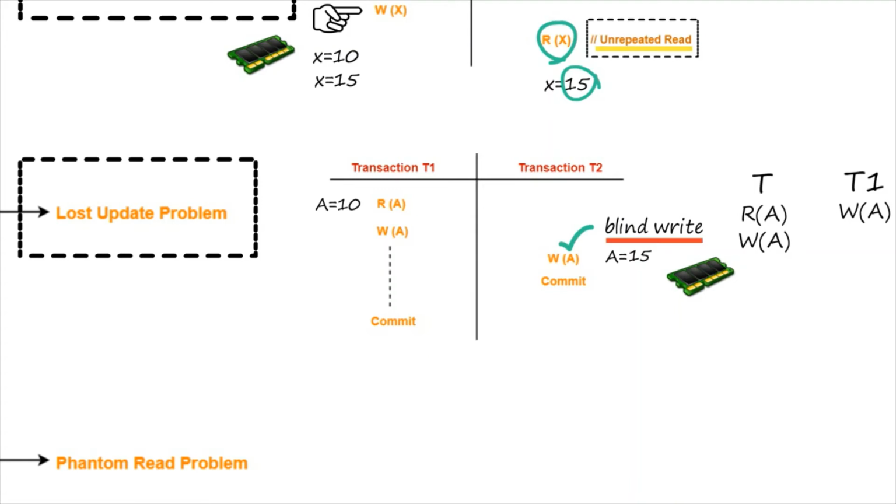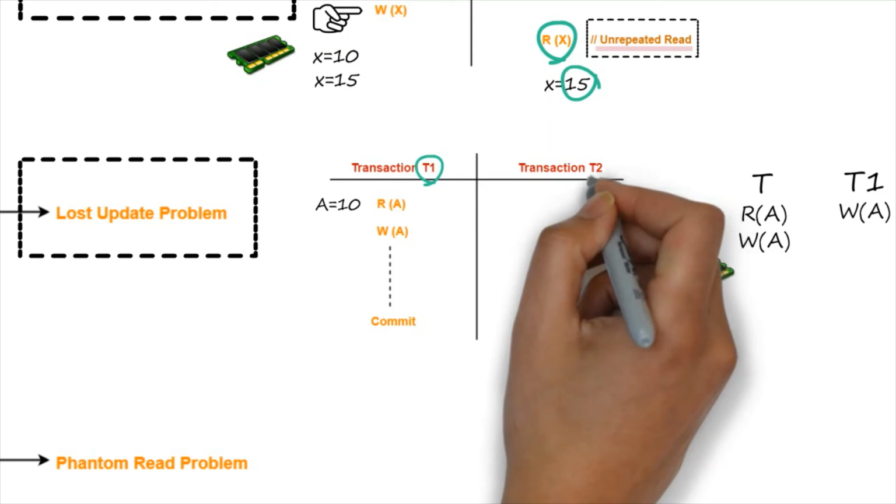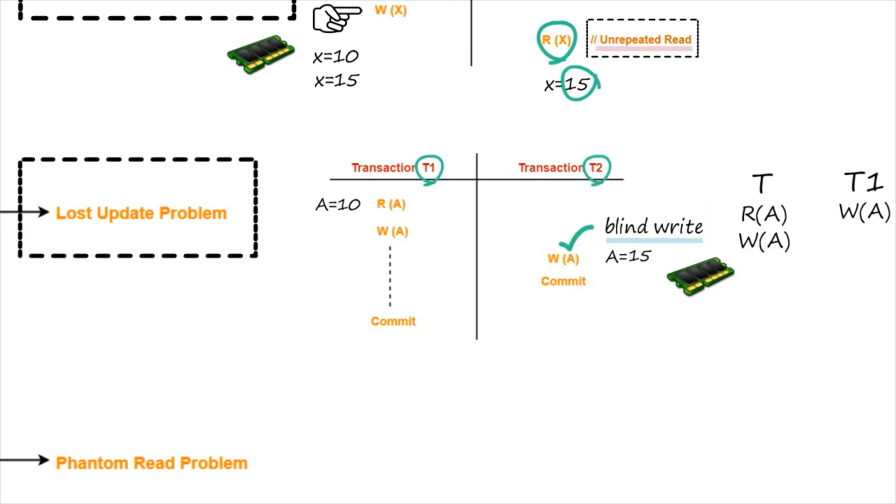So in this example, transaction T1 is performing an update operation after reading. So there is no problem. But here transaction T2 is updating the value of A without reading it. So basically here T2 is performing a blind write operation. So now at this point of time, after performing the blind write, T2 commits.